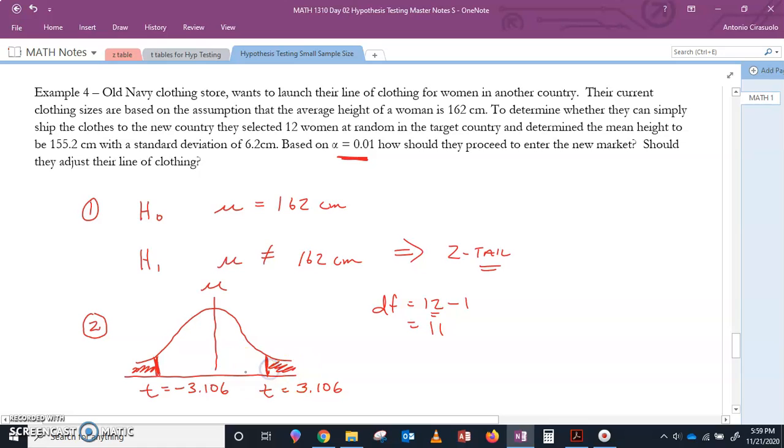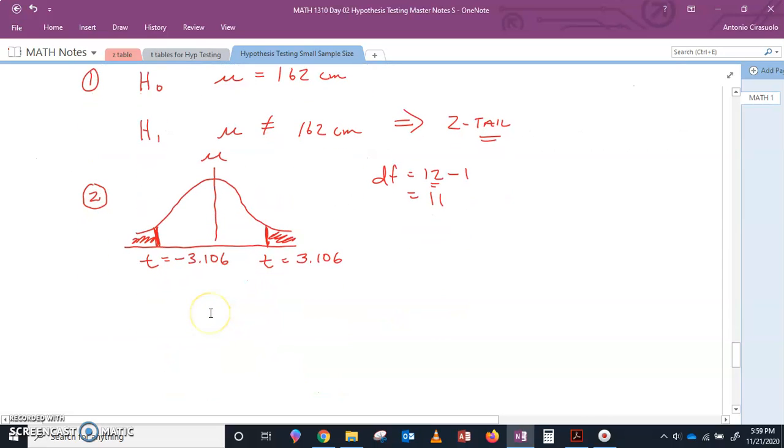And now we're going to determine what the test value is based on our information. So t is equal to sample mean minus the proposed mean divided by standard deviation divided by square root of sample size.